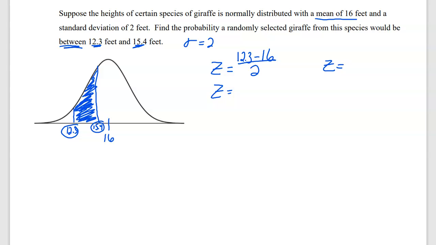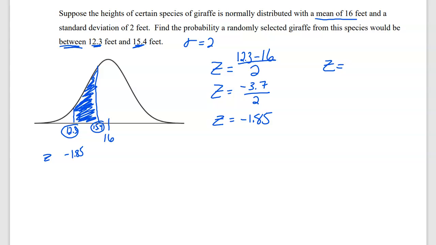12.3 minus 16 will give me a negative 3.7 divided by 2. So negative 3.7 divided by 2 is a negative 1.85. It's negative. It is on the left side. It is less than 16. So negative 1.85 would be my z-score.